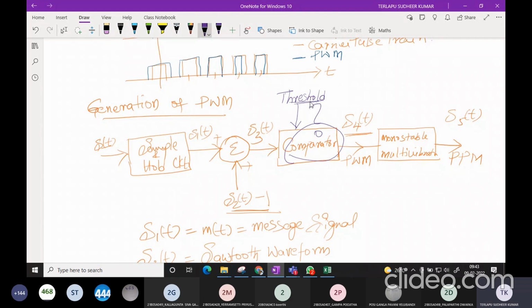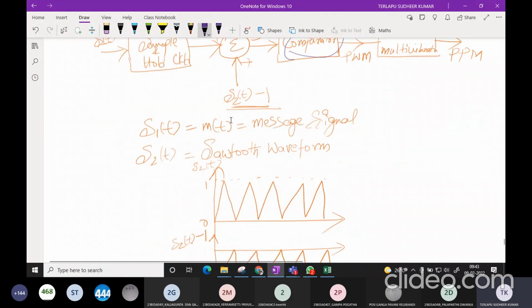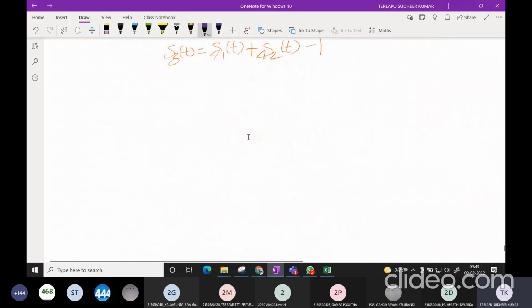A comparator can be built simply using an op amp or even a BJT. I have a comparator here, and my threshold value is 3 volts.